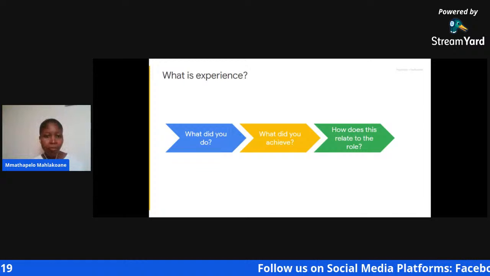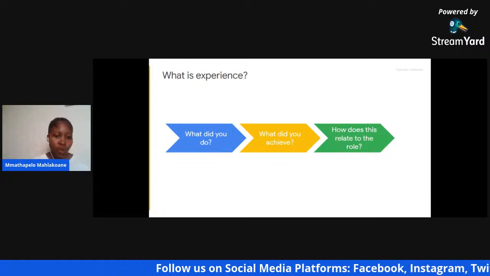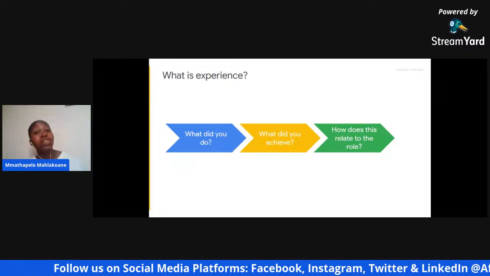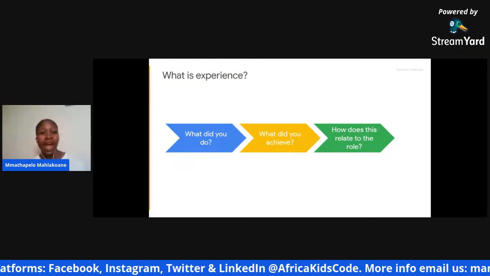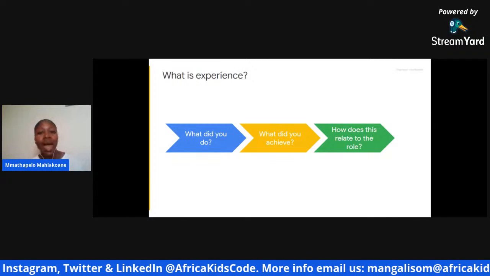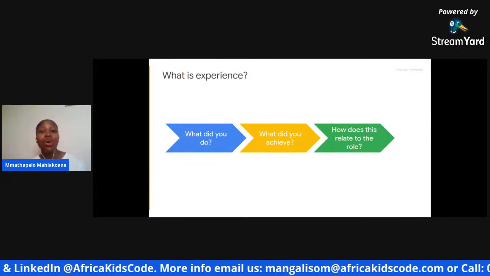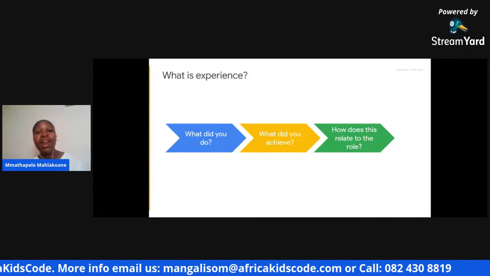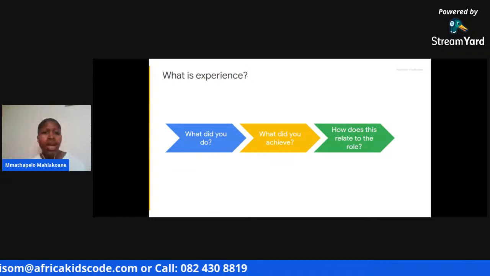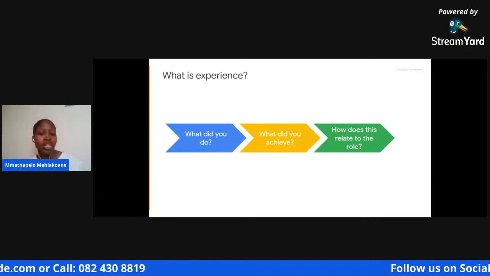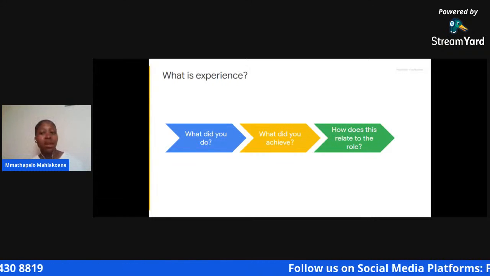So what is experience? The work experience section of your CV is where you show your professional track record. It needs to be accurate, highlight your achievements, and include relevant points that prove you're the right person for the job. So how you weigh your experience in each CV you send to an employer may vary from role to role.